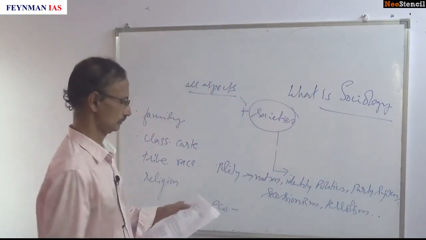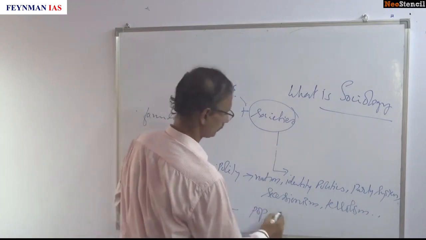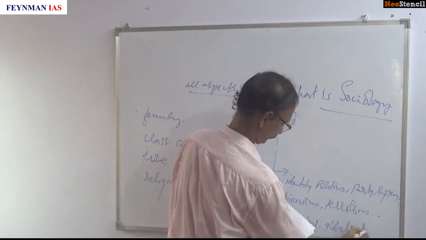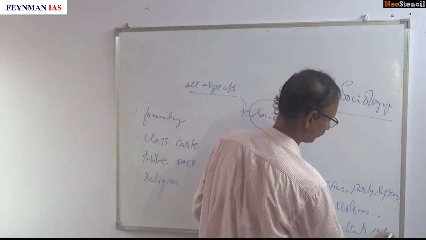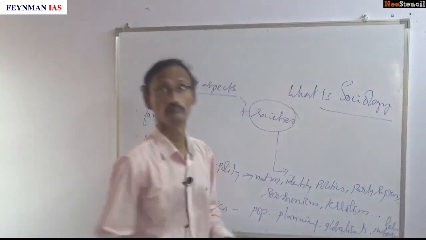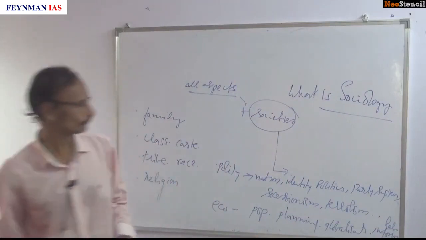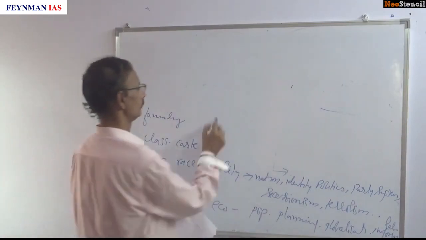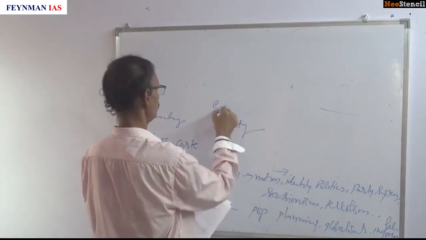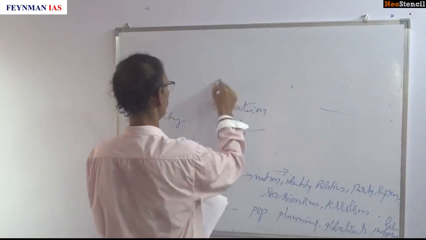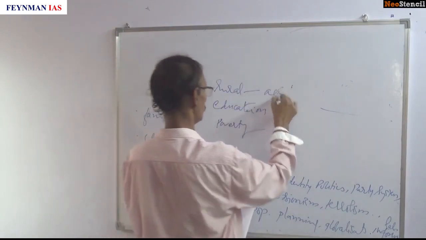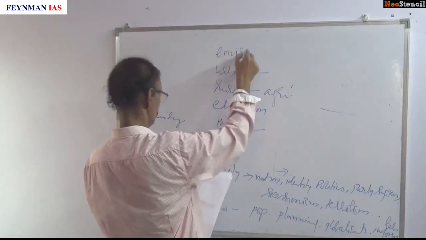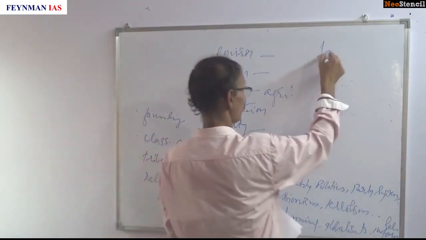Economy, population, planning, globalization, informal labor, poverty, education, rural areas, agriculture, urbanization, environment, technology.